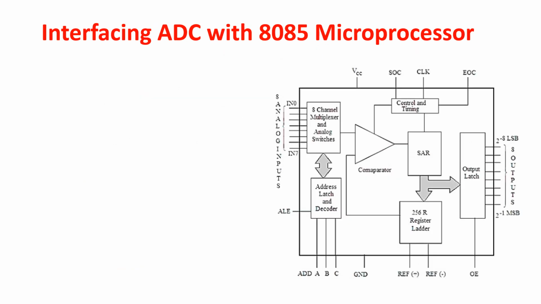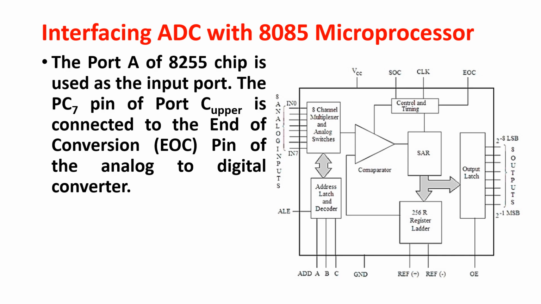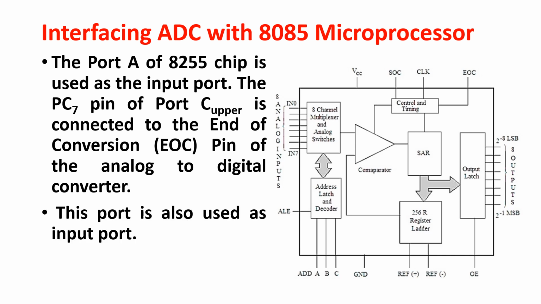The port A of 8255 chip is used as the input port. The PC7 pin of port C upper is connected to the end of conversion pin of the analog to digital converter. This port is also used as input port.